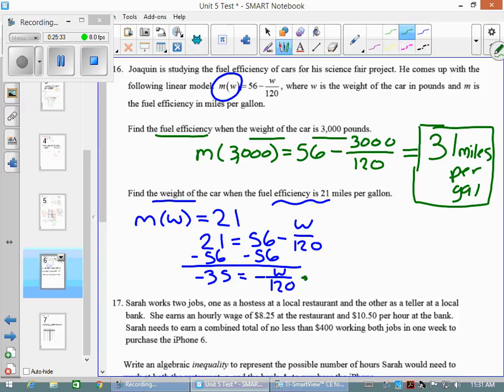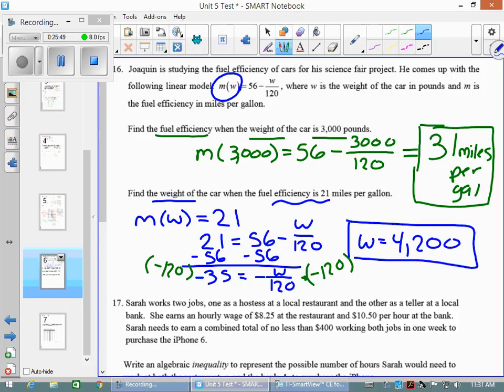And my final answer when I do that is that W is going to be 4,200. So if I wanted the fuel efficiency to be 21 miles per gallon, it's going to be 4,200 pounds.